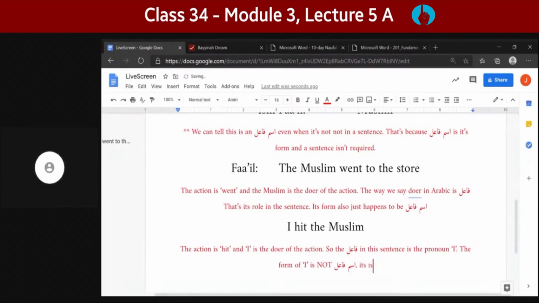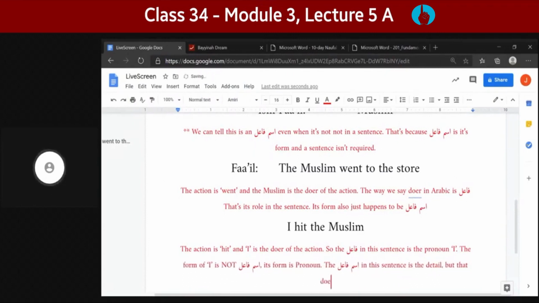Form is pronoun. The ism fa'il in this sentence is the detail.